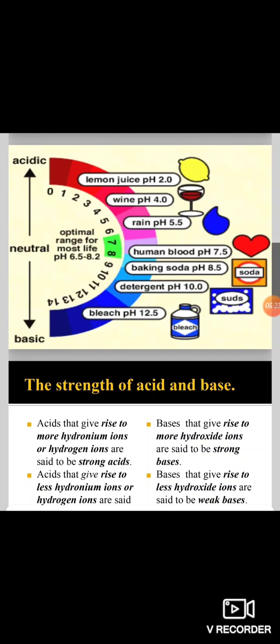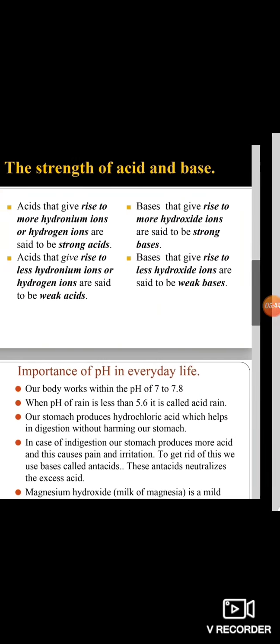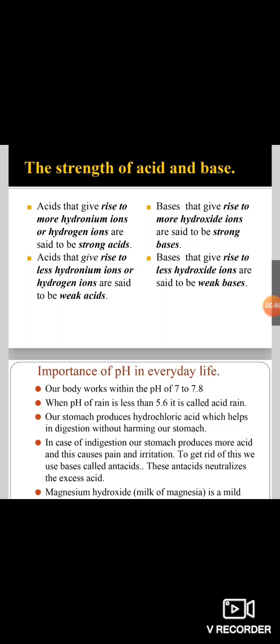And 1 ml of hydrochloric acid, the color of pH paper is red, its approximate pH value is 1.2, and it is said to be a strong acid. Same as before, when the pH of rain is less than 5.6, it is called acid rain.